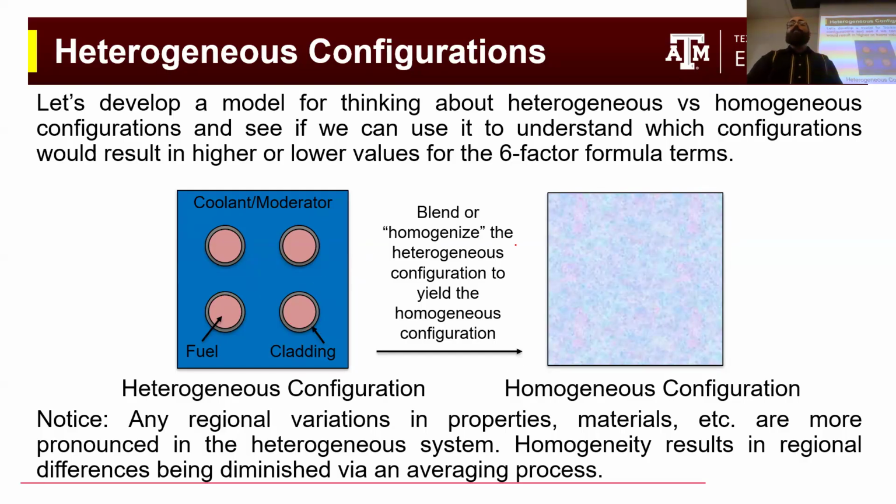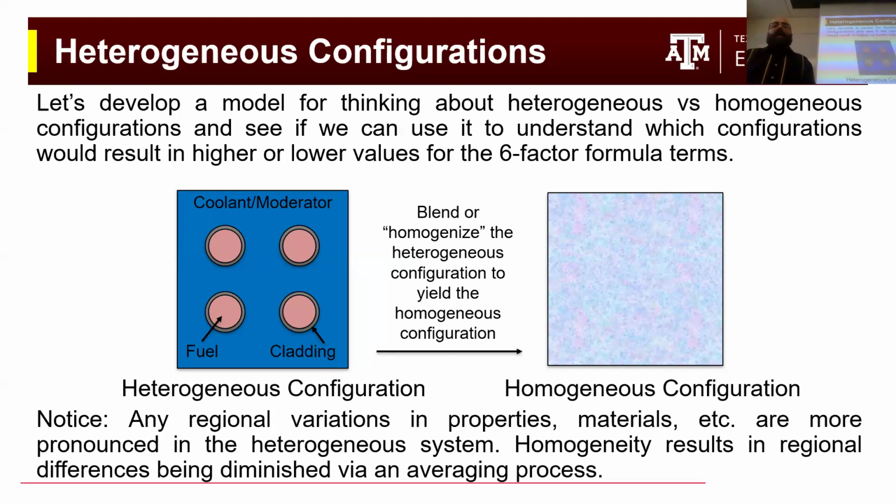When we talk about a homogeneous configuration, or homogenizing a reactor, it's like we're taking this configuration and putting it in a blender, smoothing out or averaging out the differences in material properties. Instead of those things having specific places in our reactor, everywhere in the system has an average of all of the different properties that were there.